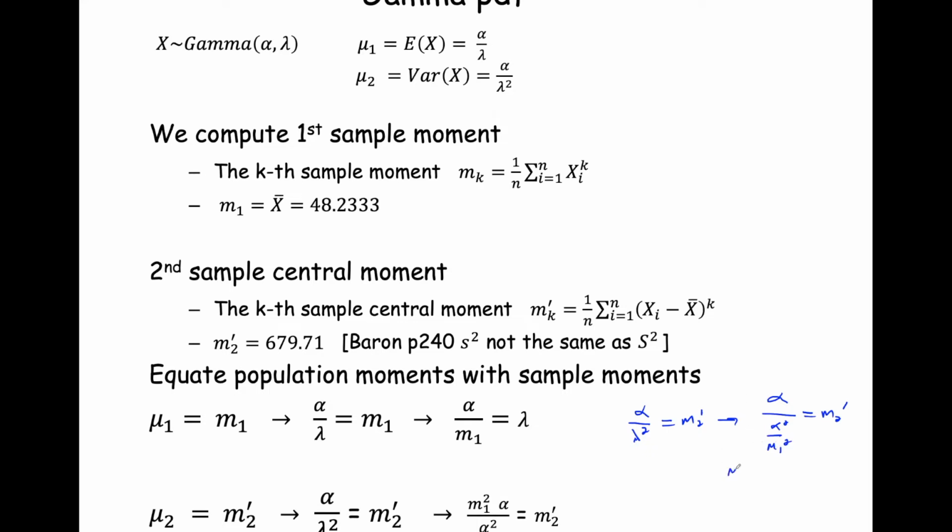So we're left with m1 squared times alpha over alpha squared is equal to m2 prime. Okay, so now we have this m1 squared alpha in the numerator over alpha squared in the denominator on the left-hand side of equality, and we have m2 prime on the right-hand side of equality, that's how we get this step.